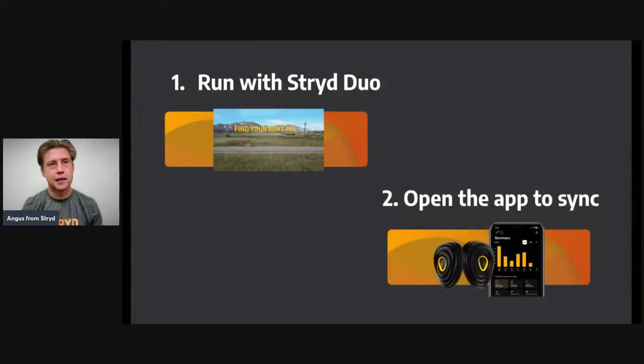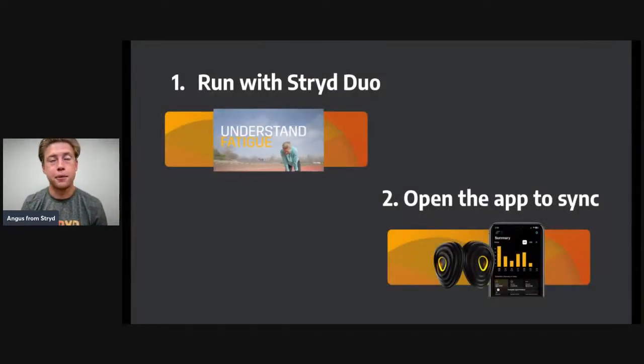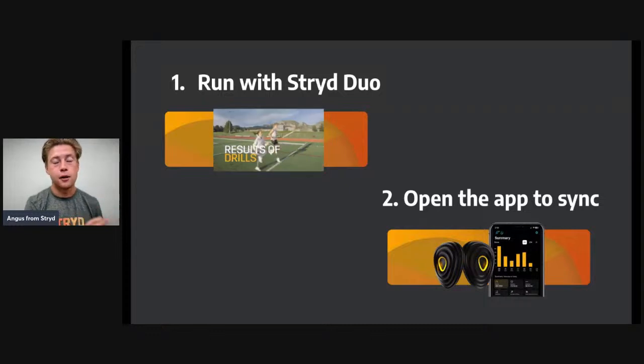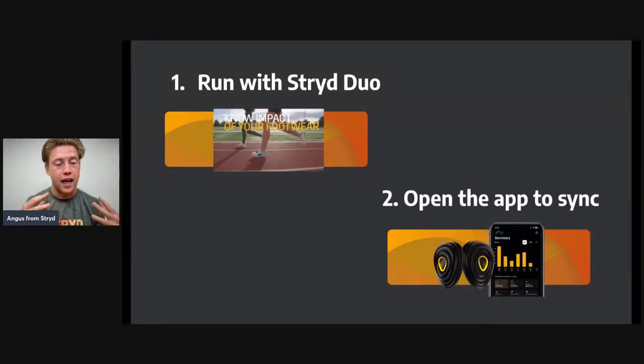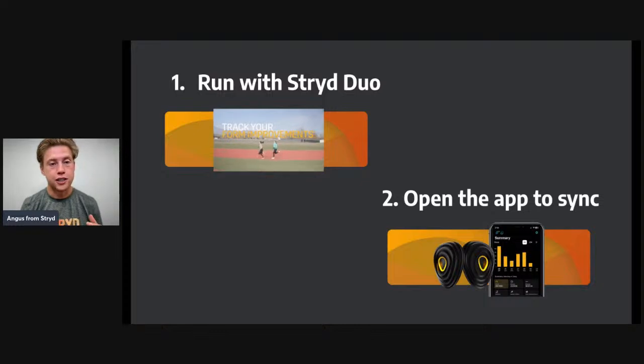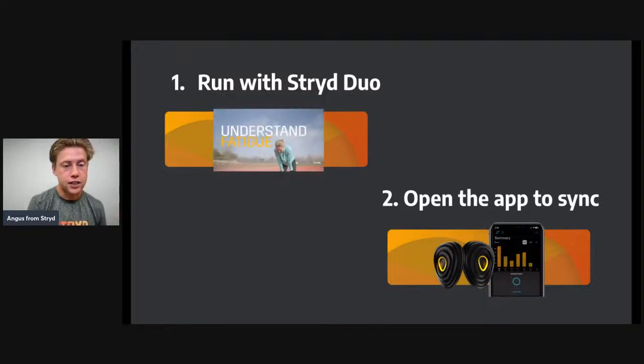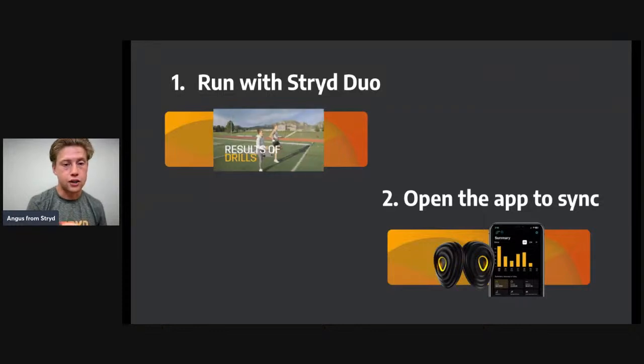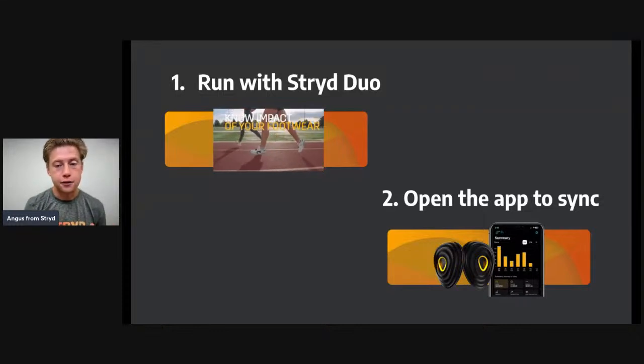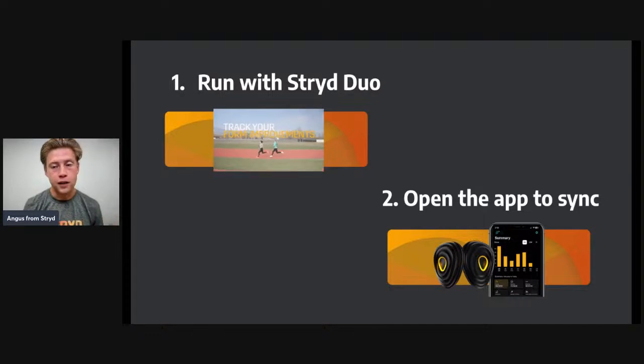And the simple three-step process here, all you have to do to get your footpath information is after you update the Stryd mobile app and update the firmware on your Stryd Duo pods, you'll be able to run with Stryd Duo with your compatible watch. That footpath data will be collected on the Stryd Duo pods. After you finish the run, all you have to do is open up the Stryd mobile app to sync that data.